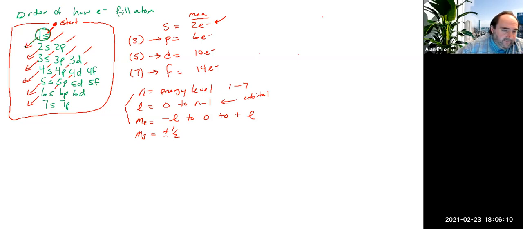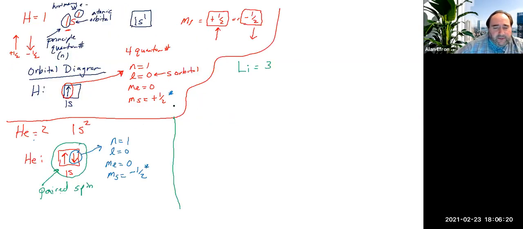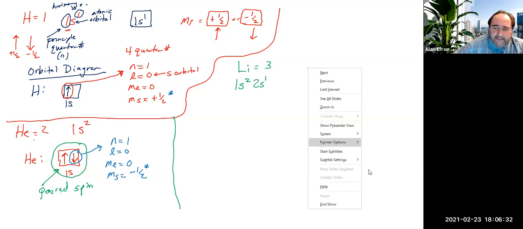So we follow this path, we come back this way, and that takes us into this orbital, the next energy level. So the electron configuration here would be 1s2, 2s1 in this case.